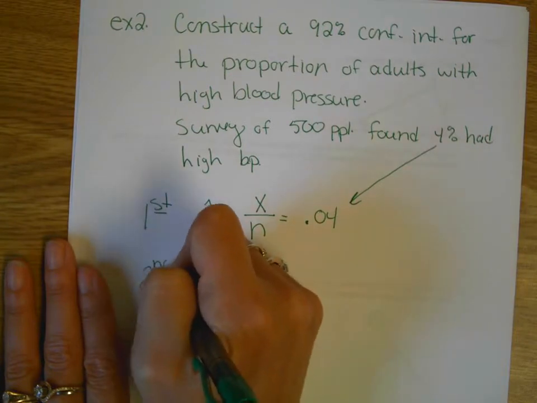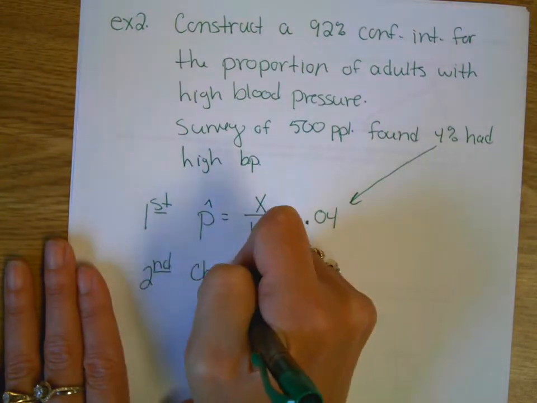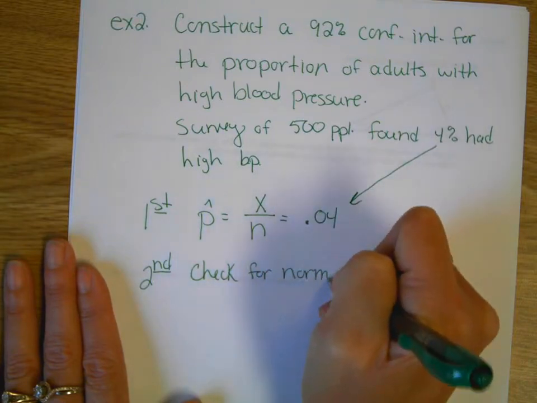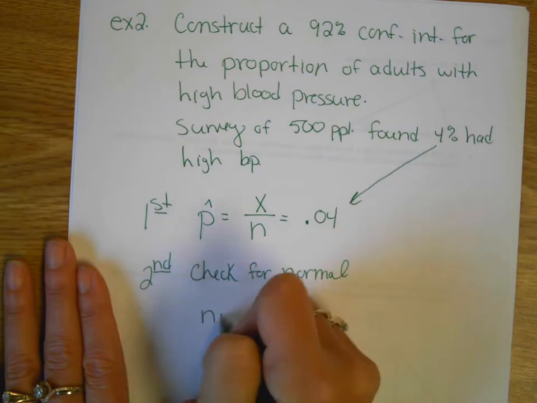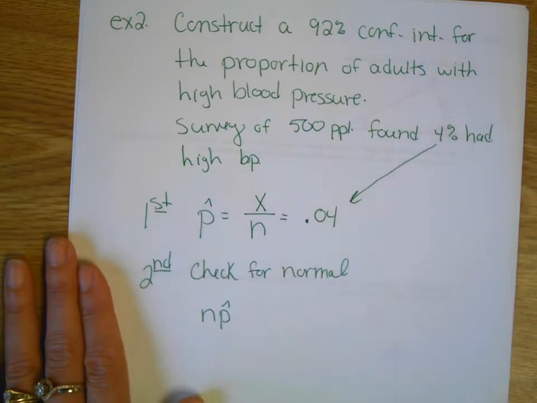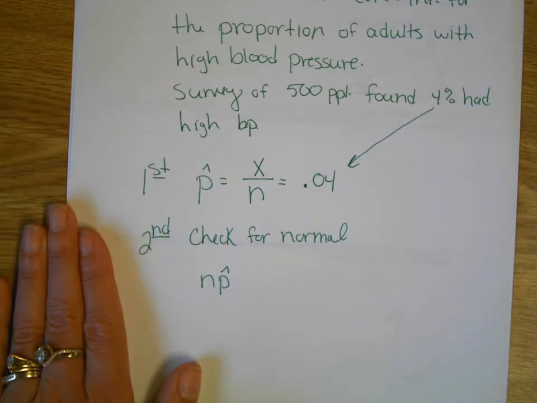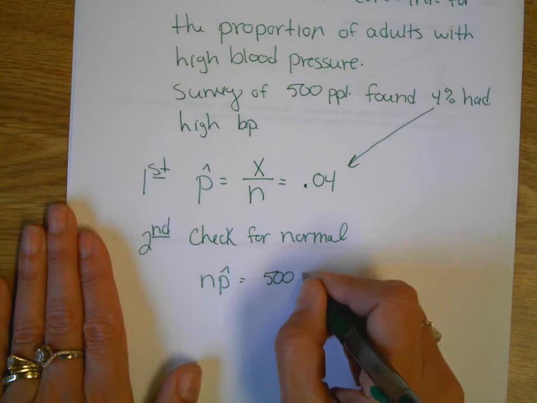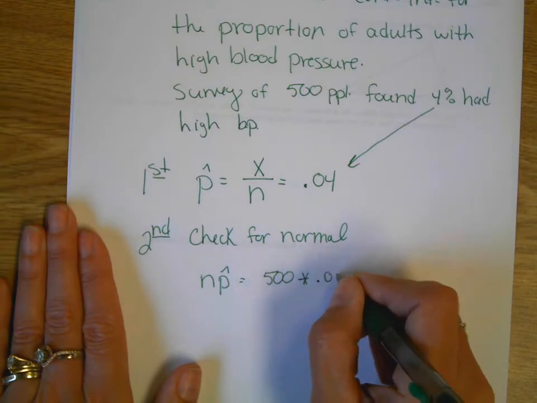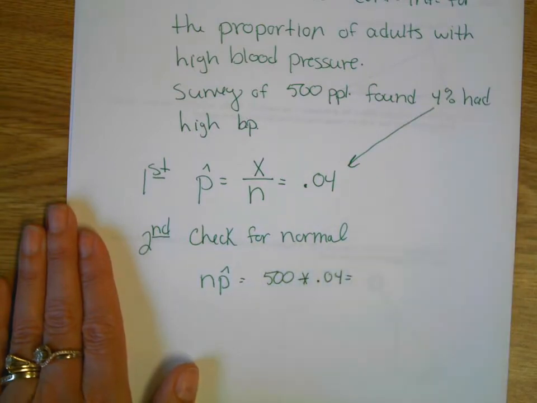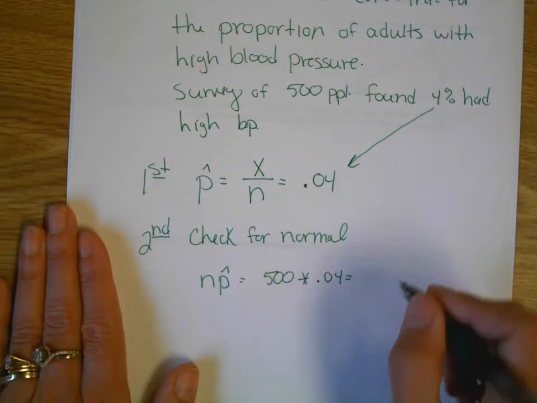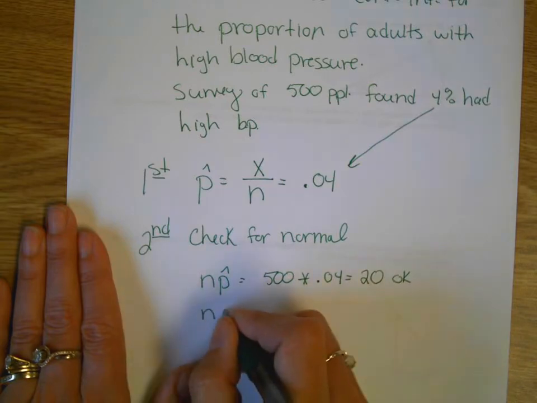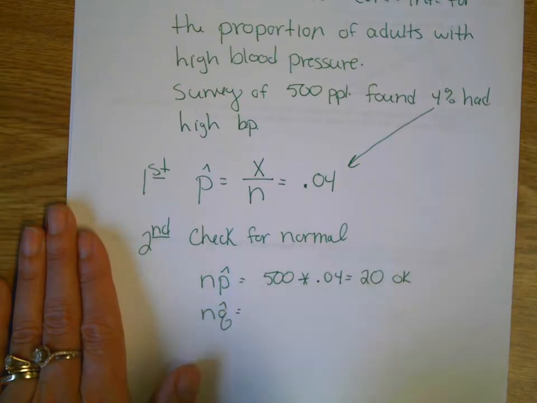So now we have to check for normal. That's n times p hat has to be greater than or equal to 5. So that's 500 times the 4%, and that is 20. That's good because it's greater than or equal to 5. And then n times q hat, do we really need to check it?